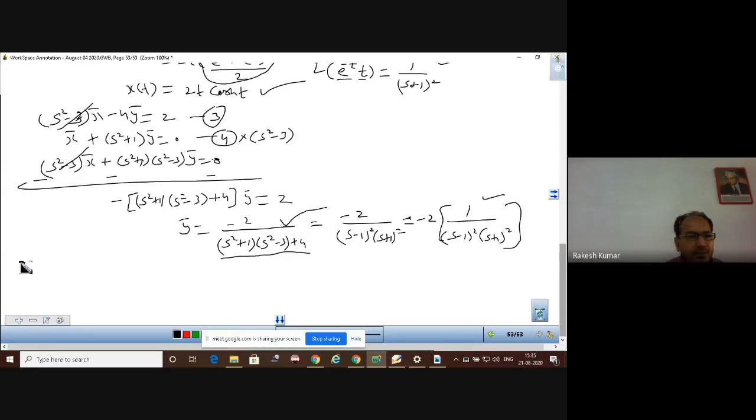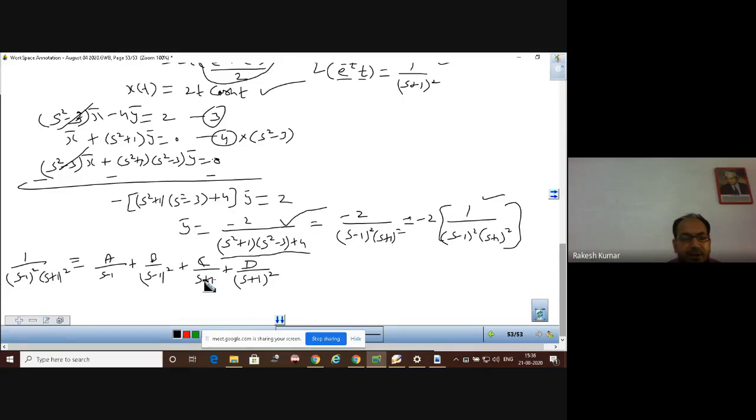Let us find out the partial fraction of this term. 1 over (s minus 1) square and (s plus 1) square will be equal to a over s minus 1 plus b over (s minus 1) square, c over s plus 1 plus d over (s plus 1) square.